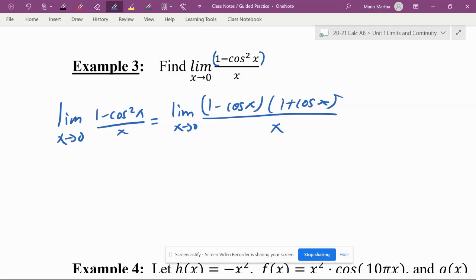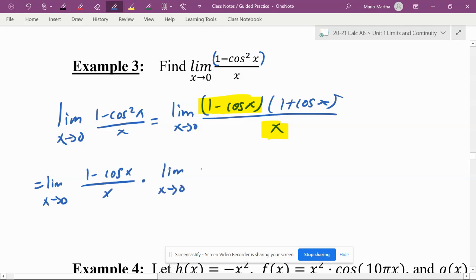So now that we do that, we can again apply the property. One of these is already one of the limits that we are taking for granted right now, that we should be able to use. So this is going to be equal to the limit as x approaches 0 of 1 minus cosine of x over x times the limit as x approaches 0 of 1 plus cosine of x.